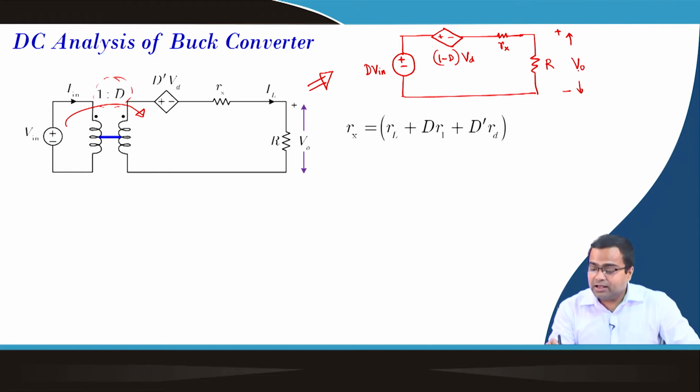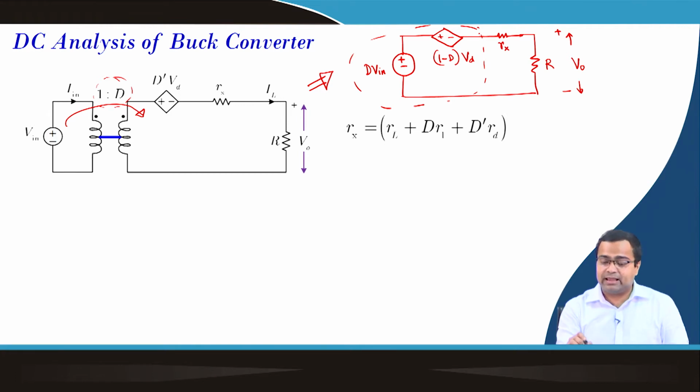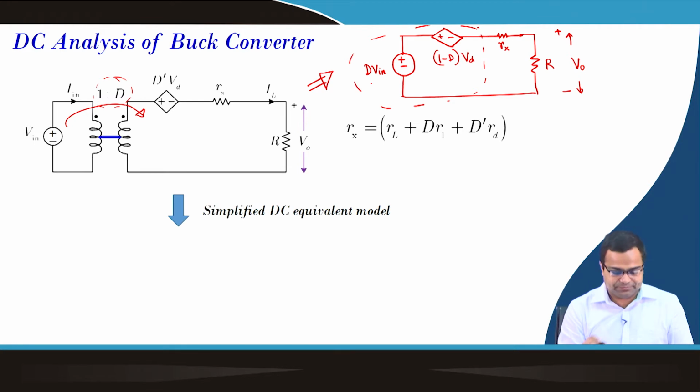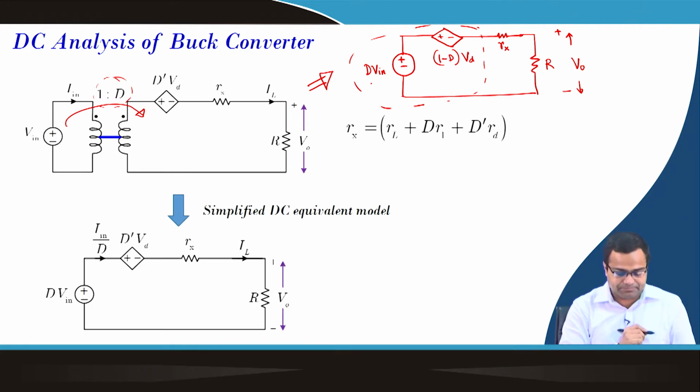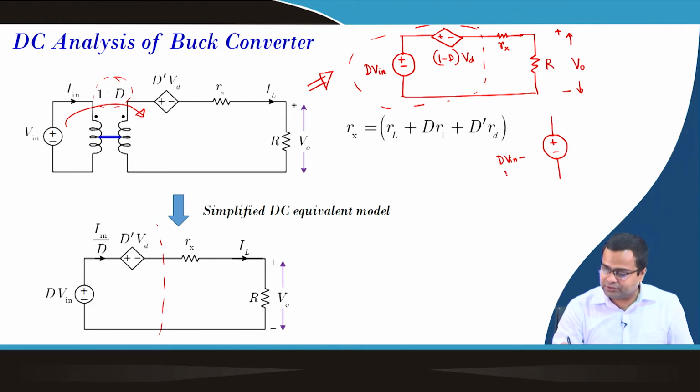Now, how to obtain the effective voltage here? This will be dV in minus 1 minus D or D dash into Vd. So, the simplified circuit, this particular term you can further simplify as the net voltage, which is dV in minus D dash Vd. This is my voltage and I have Rx here and R here.